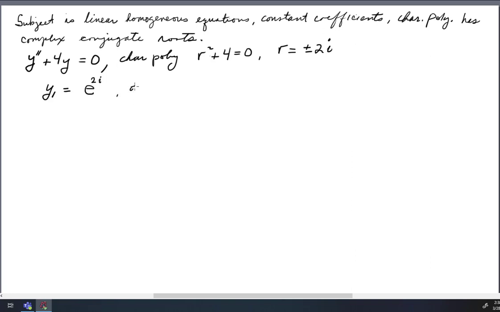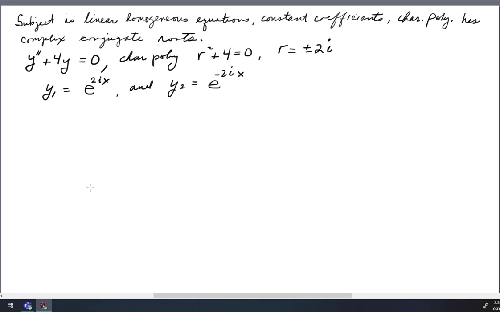You could try that and see. And y2 equal e to the minus 2ix is a second solution, and they're linearly independent. I guess I probably should put an x in here, huh? And they're linearly independent solutions.